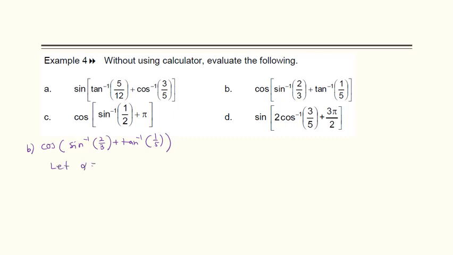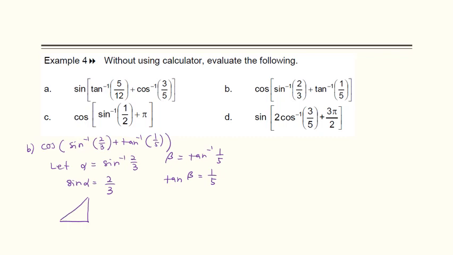So the first step is let. Let alpha equal sin inverse 2/3 and beta equal tangent inverse 1/5. Here we will have two right angle triangles. So, sin alpha equals 2/3, and tangent beta equals 1/5. Then find the right angle triangles.